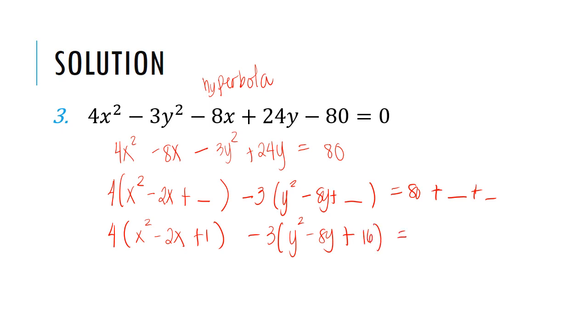Remember, if you factored out some constant, you multiply the added constant term by the factored-out number before adding it on the right hand side. So we have 1 times 4, we should add 4. And for the y variable, we should add 16 times negative 3, that is negative 48.